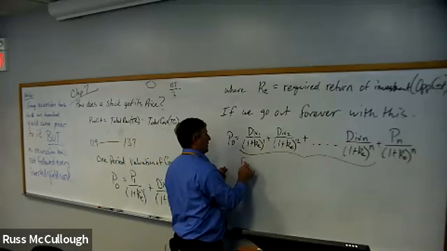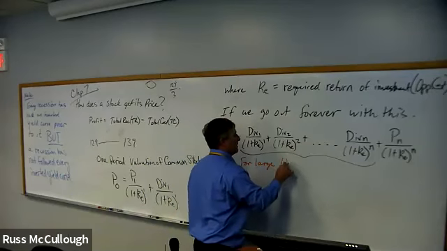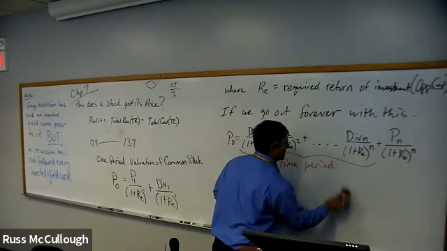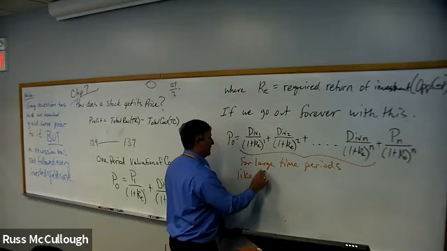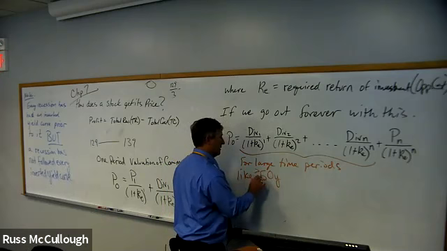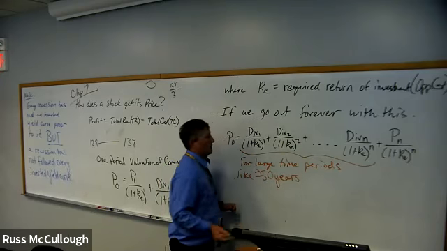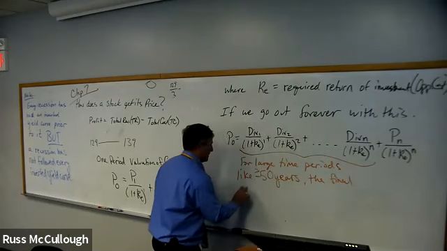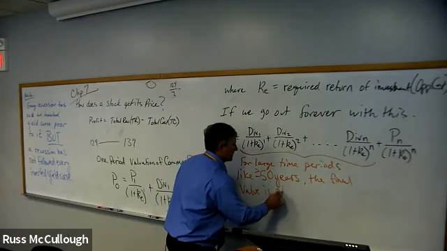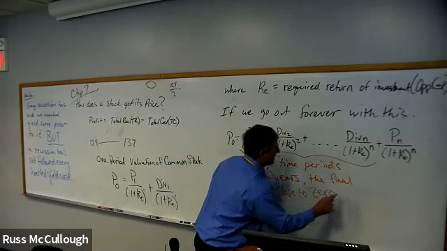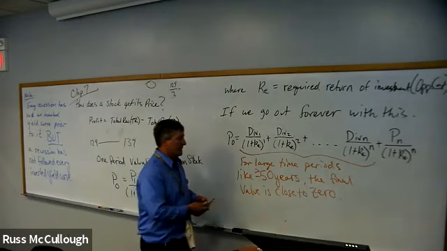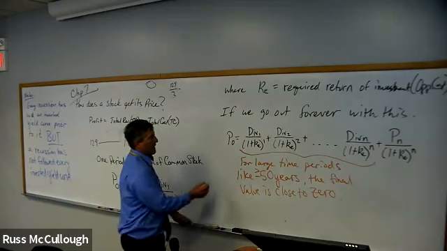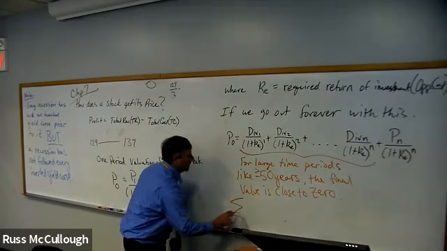So for large time periods, I mean, if you start to look, I'll just put an example, like 50 years or more, the final value is close to 0. So then we're really only dealing with dividends. And so that would kind of make this thing collapse into this.